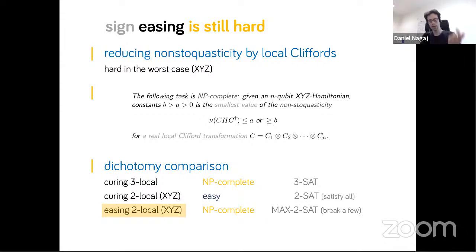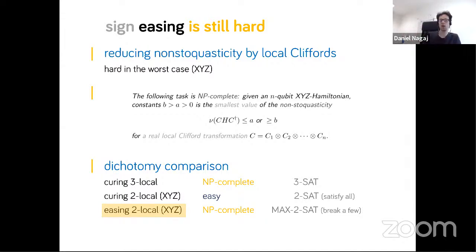And what we do is find an analog of the dichotomy here: there's a difference between 2-local and 3-local conditions, and on our side, there's a difference between 2-local and 3-local Hamiltonians. The problem Max-2-SAT asks, can you break only a few, below some number of conditions, for 2-local conditions on bits of a string.